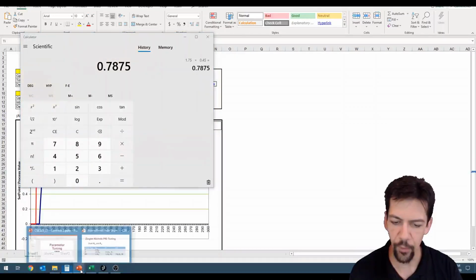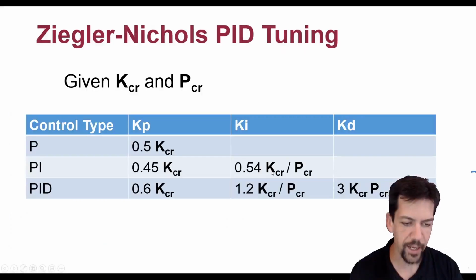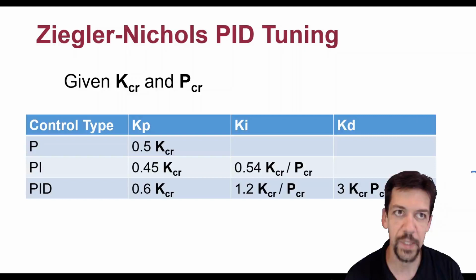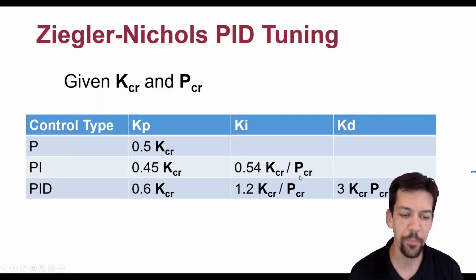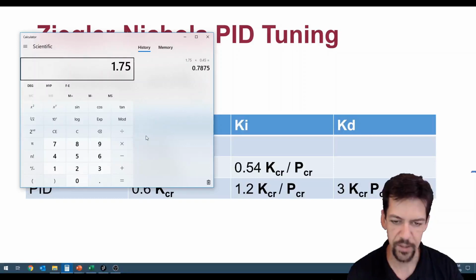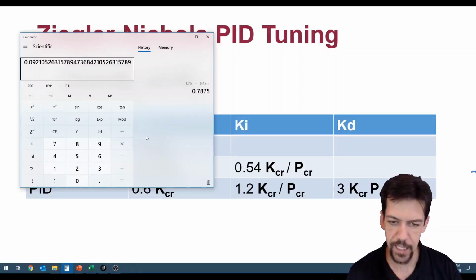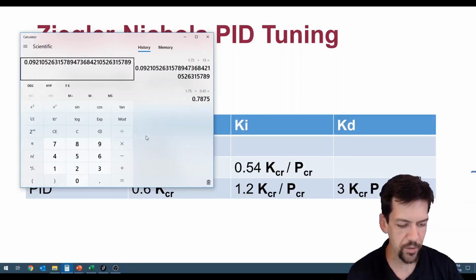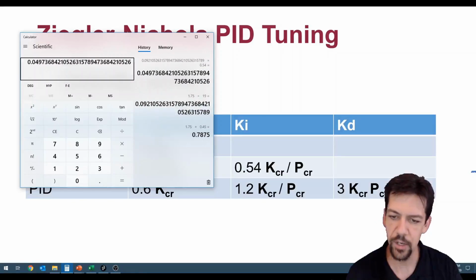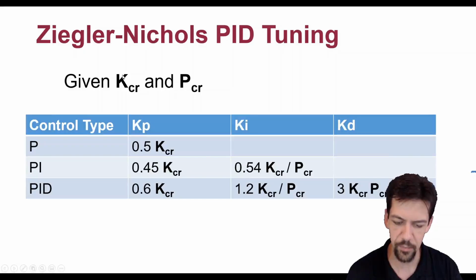And now I want to integrate the ratio between my critical gain and my critical period, which was 1.75 divided by 19. So that's my ratio, and I'll multiply that by 0.54. And I get 0.049. I'm just going to make it 0.05.